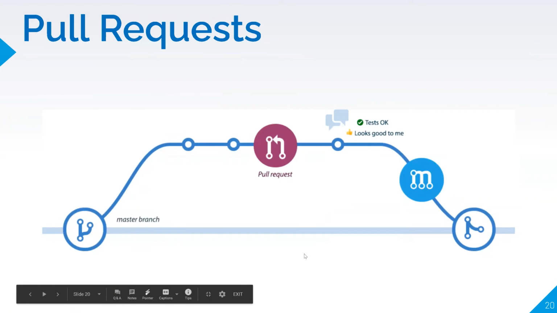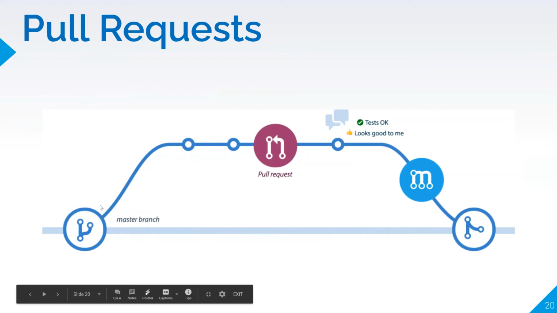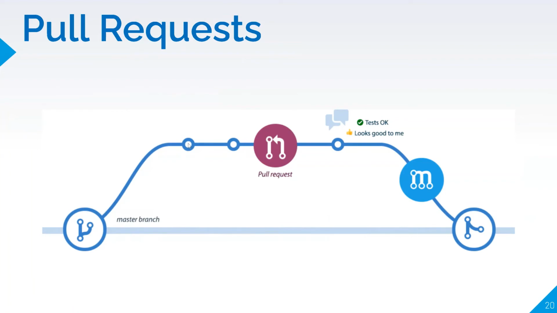So again, I talked about branches. So this is main. Again, master is outdated, but this is main right here. And let's say you want to add a feature. So you take out a branch. And so your branch is over here, and this represents a commit. So you made one change that you wanted to have tracked, and then you made another change that you wanted to have tracked. So you committed again.